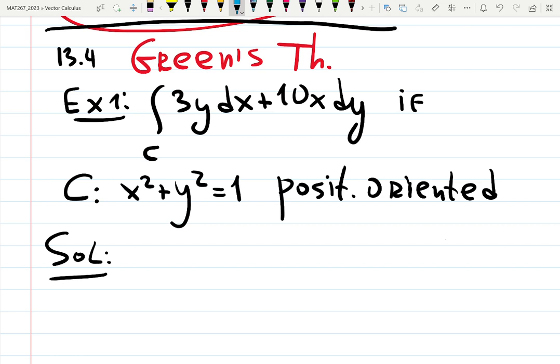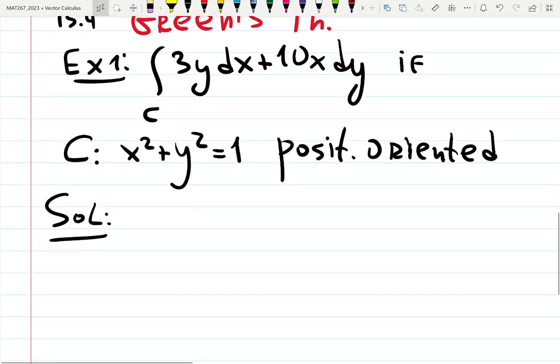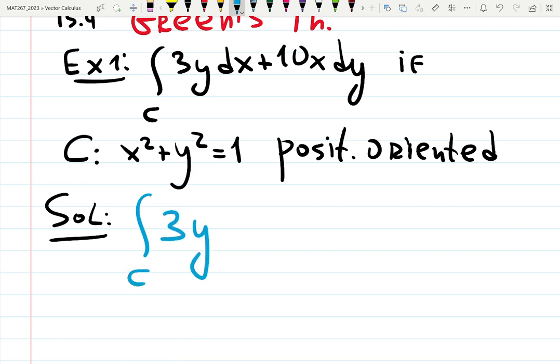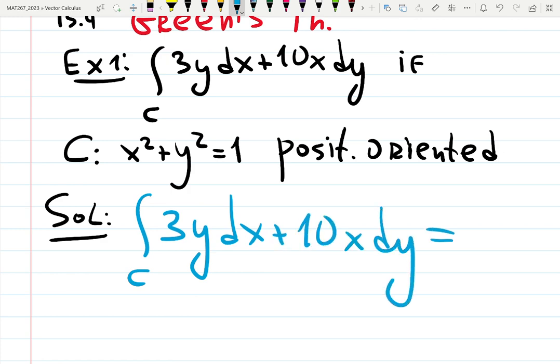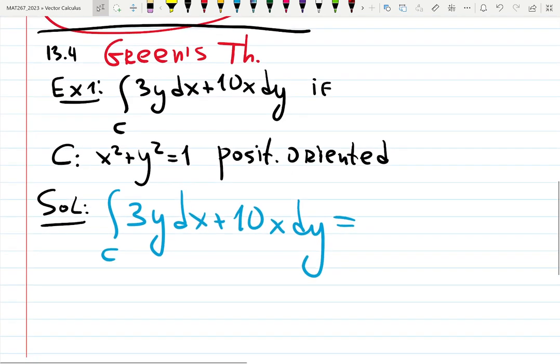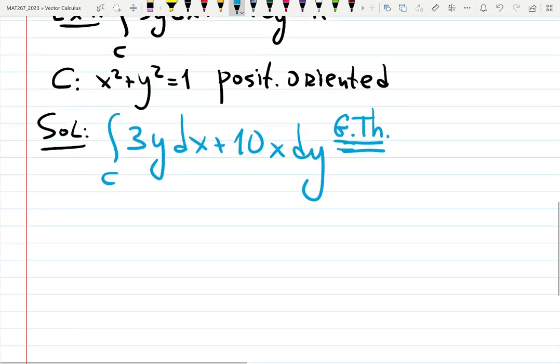So the formula says this weirdo, 3y dx plus 10x dy, has a formula using Green's theorem.